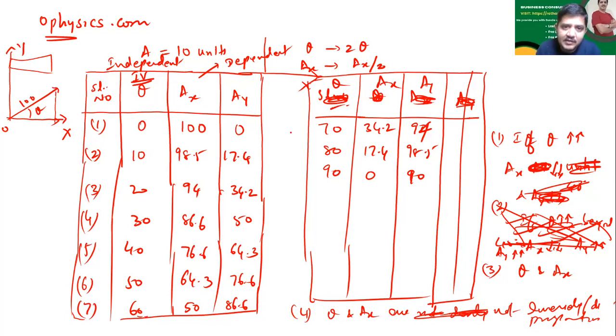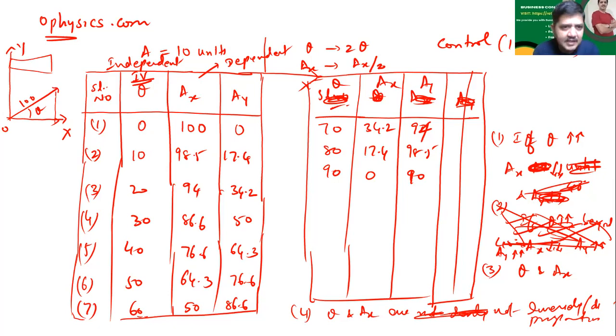The last one is known as the control variable, which is held constant. We are not going to change this. Can you guess what your control variable is here? It is the length of the vector. Throughout our experiment, we did not change the length of the vector, which was 100 units. This is your control variable.